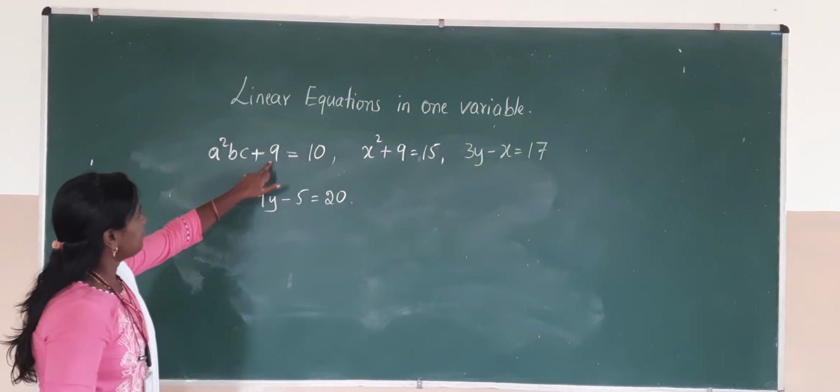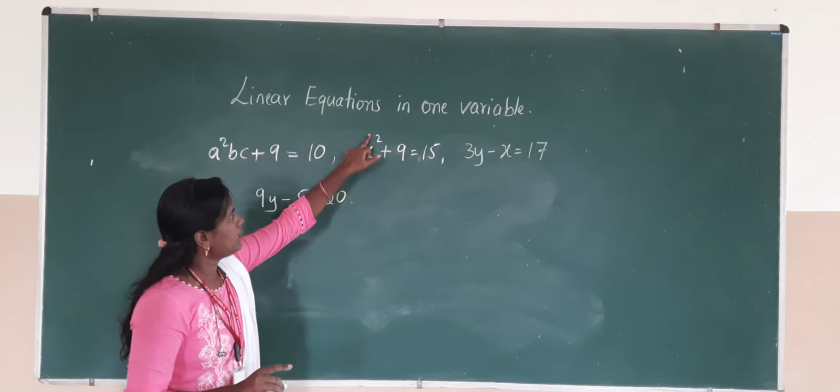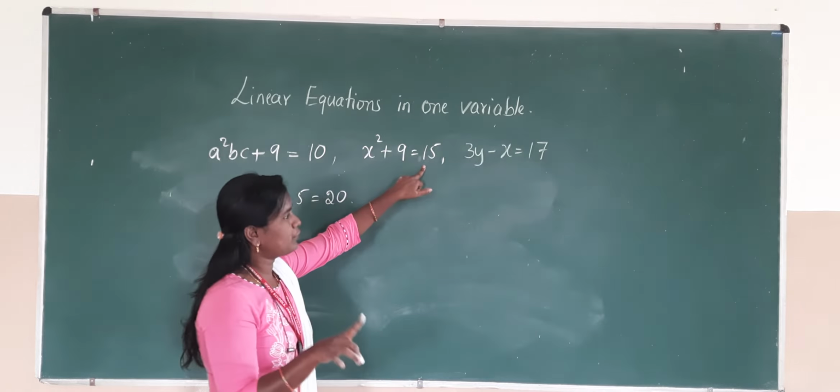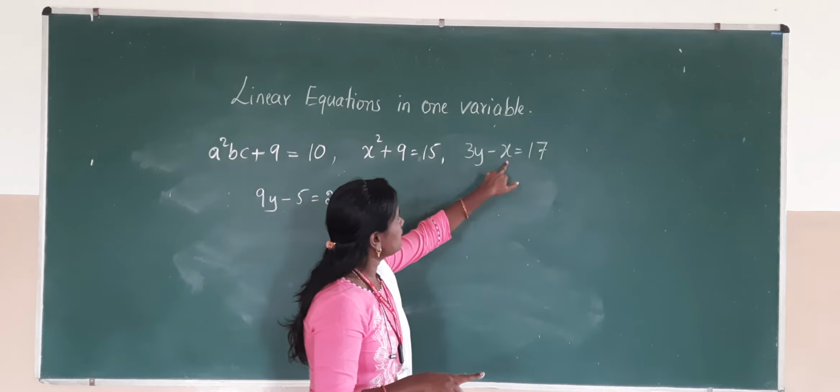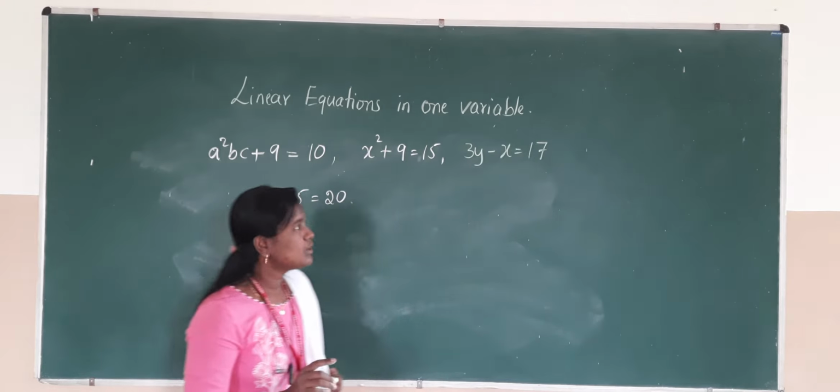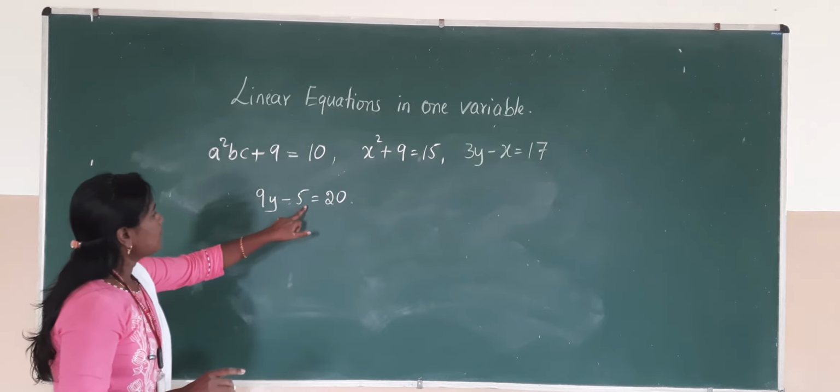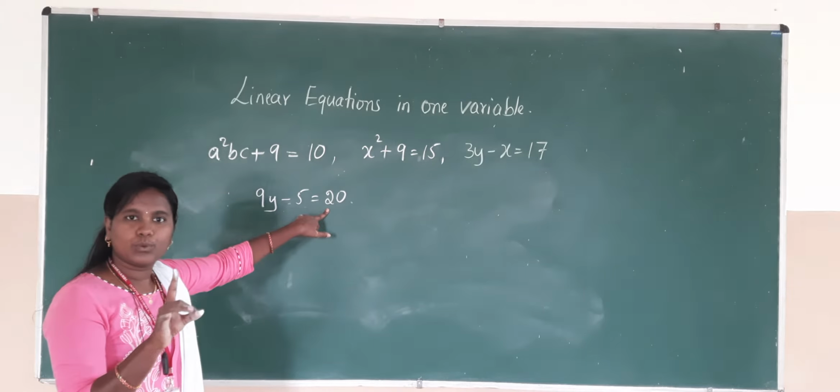So a squared bc plus 9 is equal to 10, x squared plus 9 is equal to 15, 3y minus x is equal to 17, and 9y minus 5 is equal to 20.